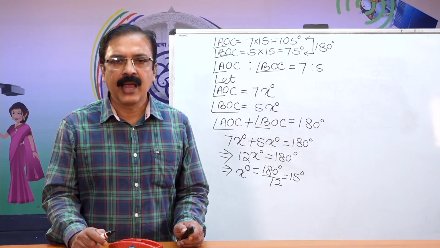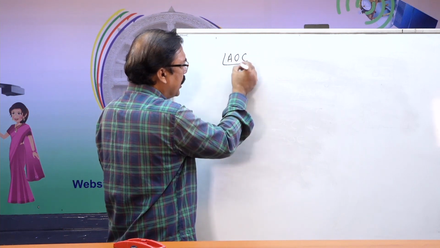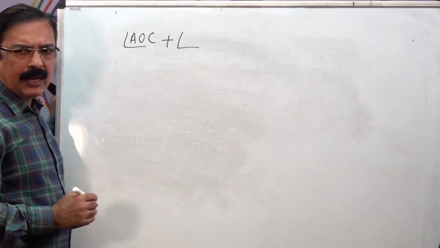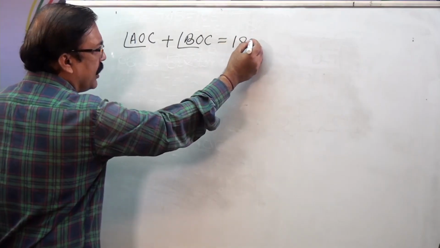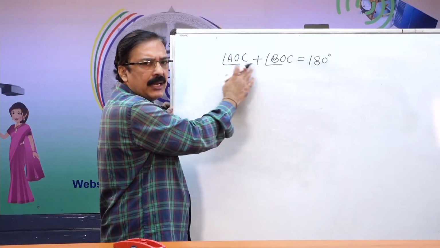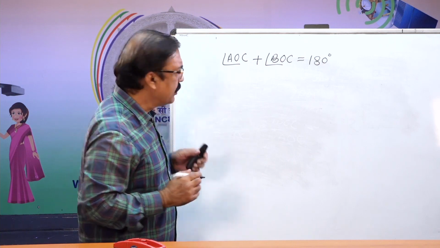Let's see another problem. A ray OC stands on a line AB. OP and OQ are bisectors of angles AOC and BOC respectively. Find the measure of angle POQ. Angle AOC plus angle BOC is equal to 180 degrees, because they are a linear pair as OC stands on line AB.